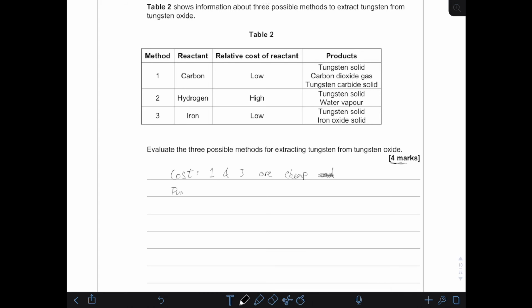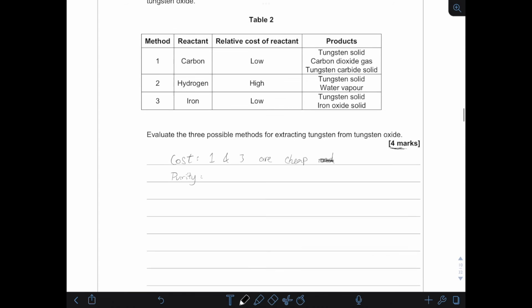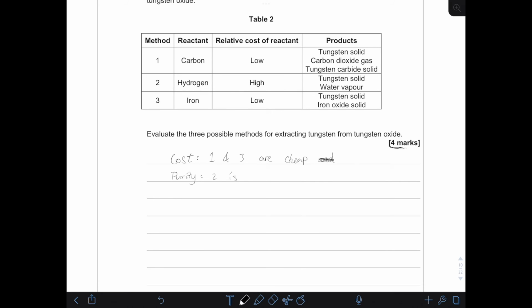And in terms of purity, we can say that 2 is best, as water is, I suppose, released as a gas, right? Which can essentially be vacuumed out or displaced by some other gases.